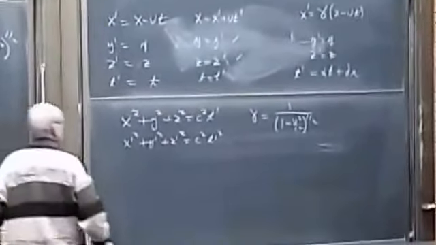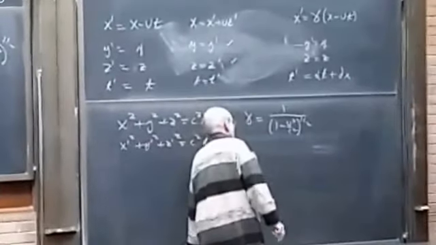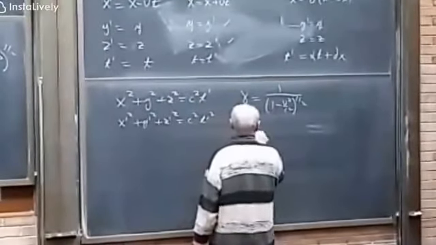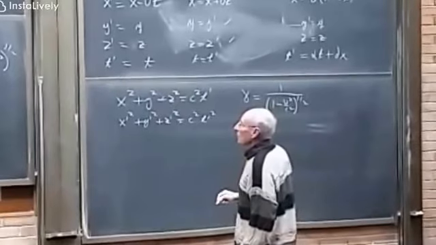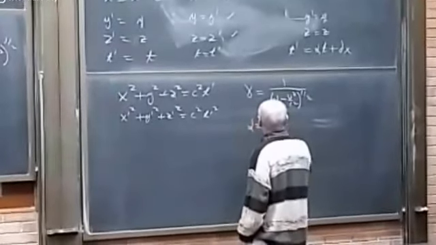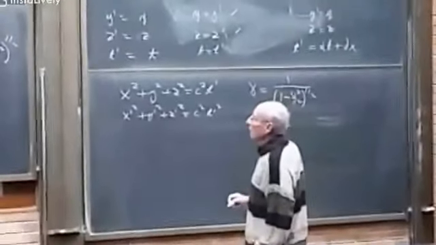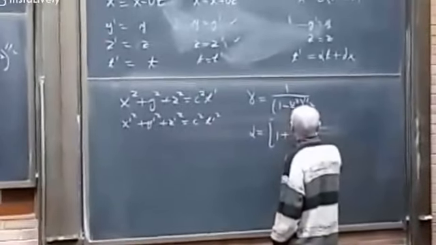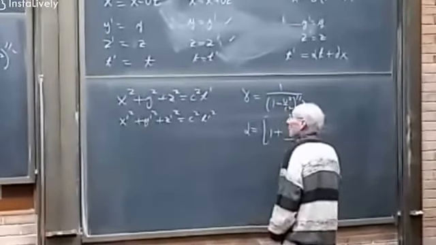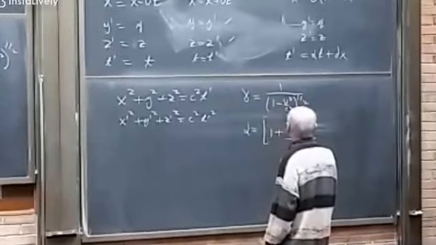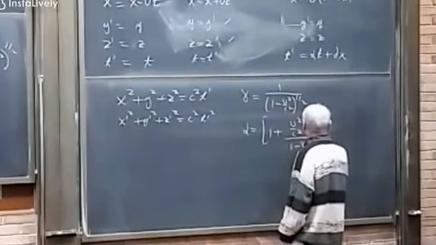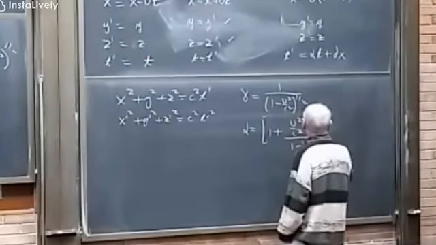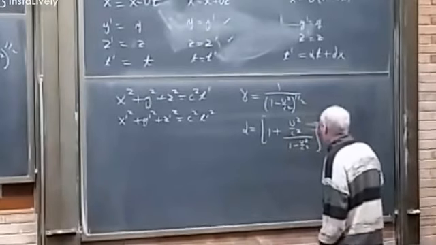So we got alpha here. Alpha is the square root of 1 plus b squared over c squared gamma squared, which makes it 1 minus b squared over c squared in the denominator, square root.